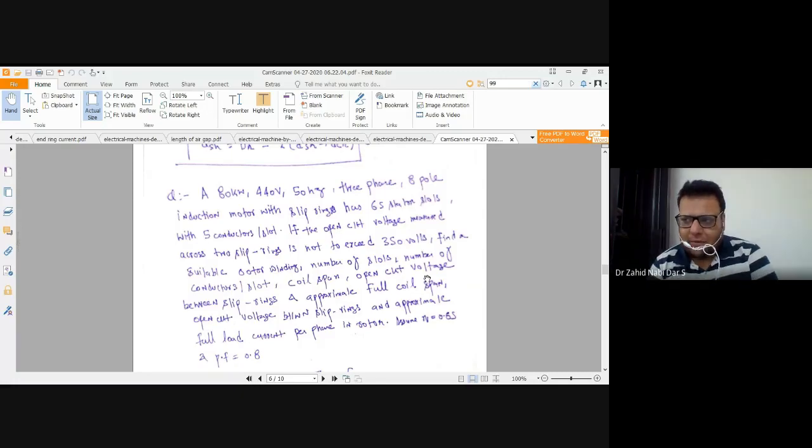But if you operate it in star, what will happen? Your phase voltage decreases by root 3 times. So when your voltage decreases, automatically your starting torque will also lower, because torque is directly proportional to your voltage, and you can insert resistances also.